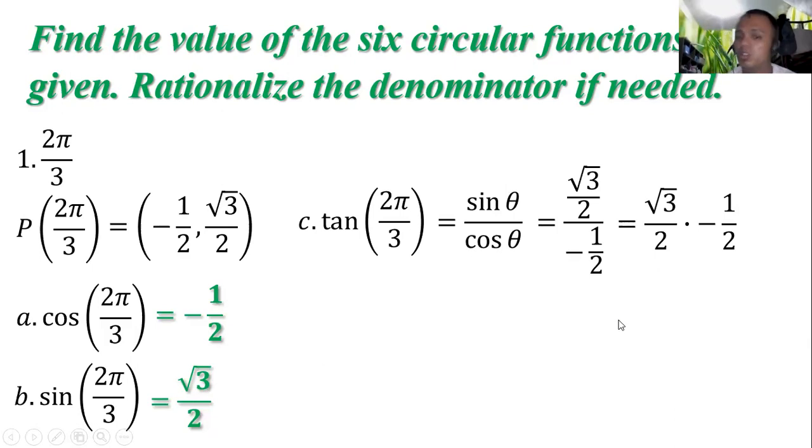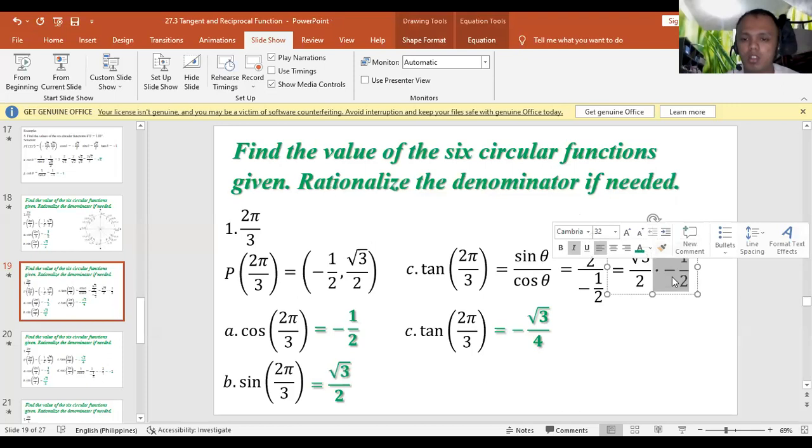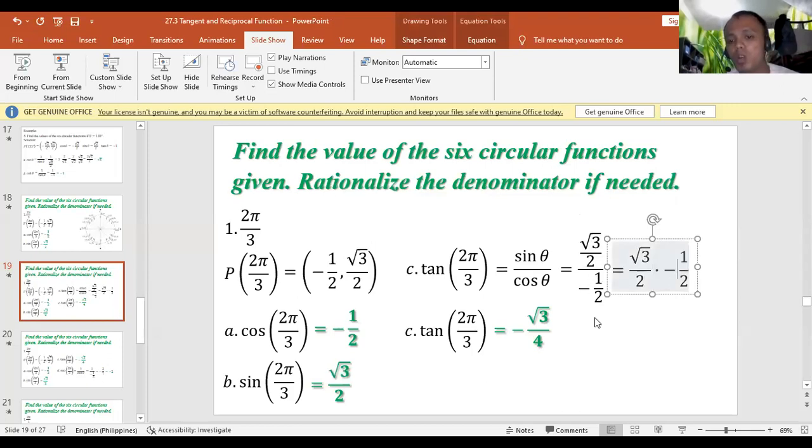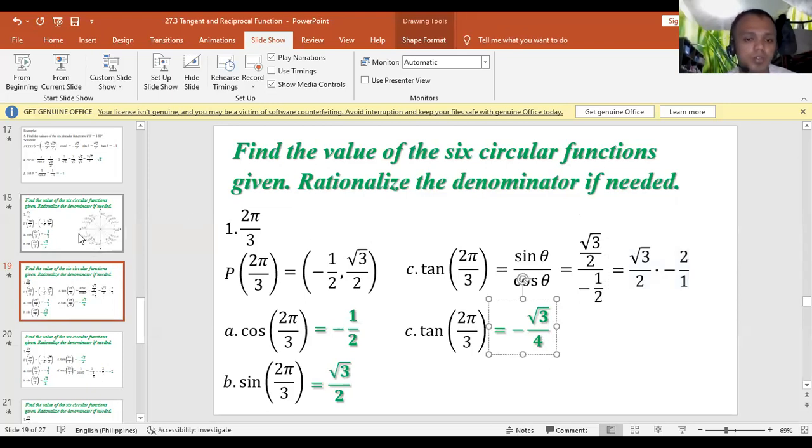May mali ako dito. So, dito natin to lahat. Okay? Get the reciprocal of 1 half. That is 2, or 2 over 1. Okay, sige. Then, cancel out natin to. So, your tangent theta here.